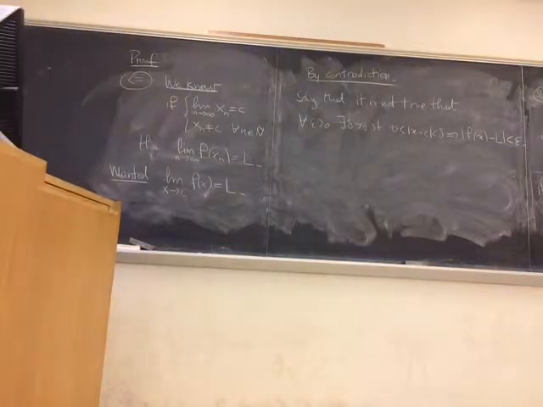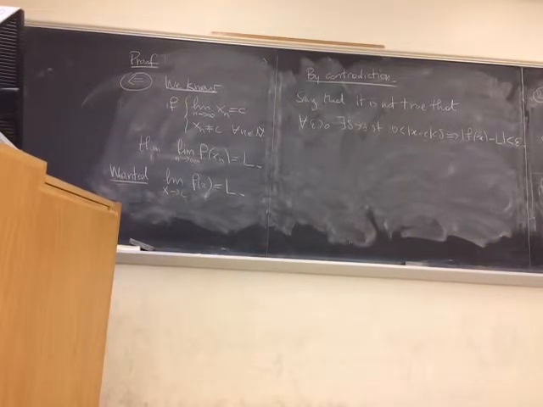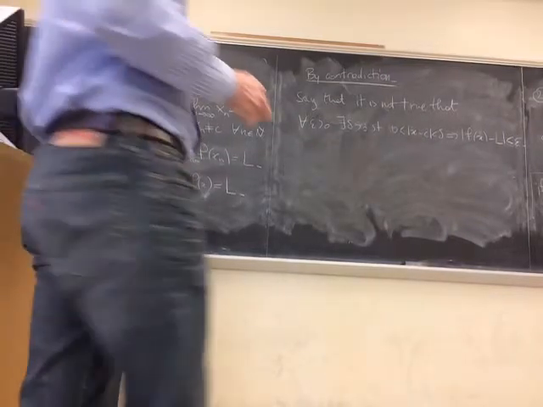So, how do we formulate this precisely? There exists an epsilon greater than 0 such that there does not exist a delta greater than 0 such that. Exactly.